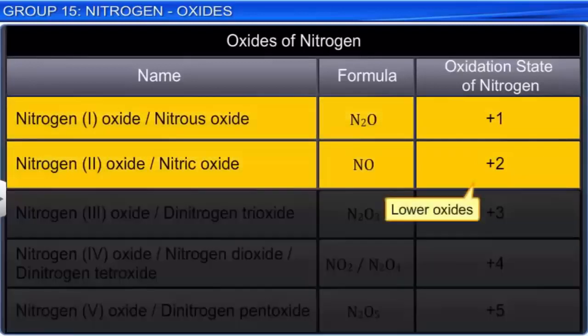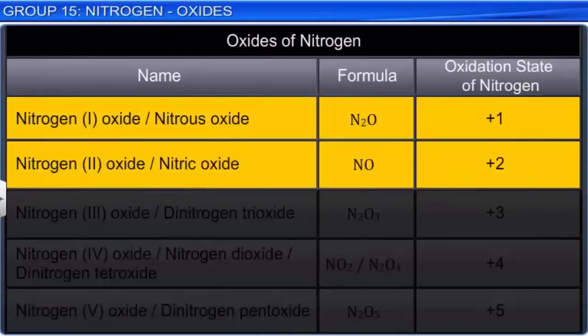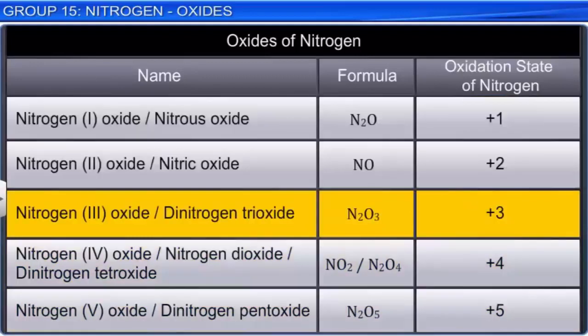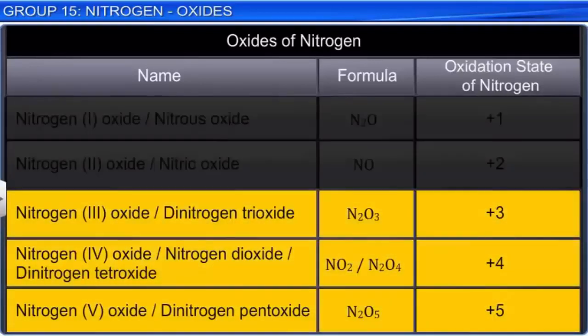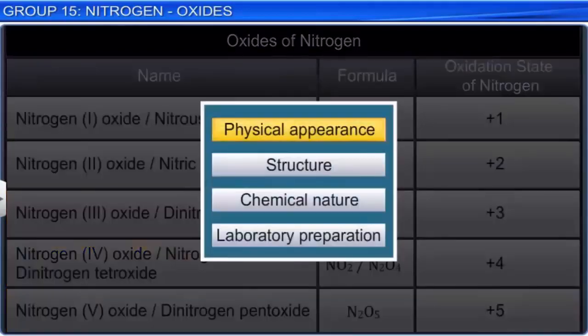You can see that the lower oxides include nitrogen 1 oxide and nitrogen 2 oxide, while the higher oxides include nitrogen 3 oxide, nitrogen 4 oxide and nitrogen 5 oxide. We will discuss the physical appearance, structure and chemical nature of each oxide, besides the most convenient method to prepare them in the laboratory.